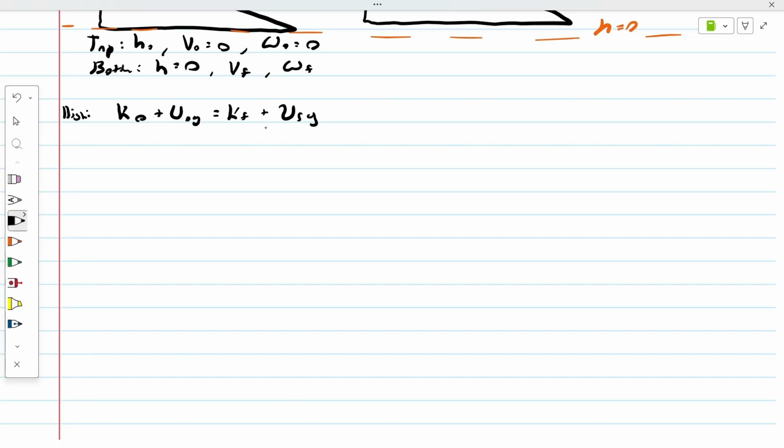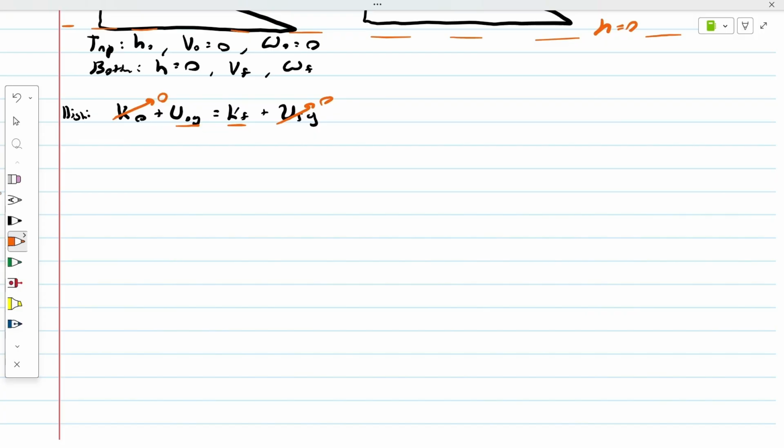And so as we talked about before, since this is rolling down the ramp, it's going to have both of these. But first of all, since it's at rest, there's going to be no initial kinetic energy for rotation or translation. And when it reaches the bottom, we define that as h equals 0, so there's going to be no potential energy final. And so we're only going to have this initial and final for the potential and kinetic.